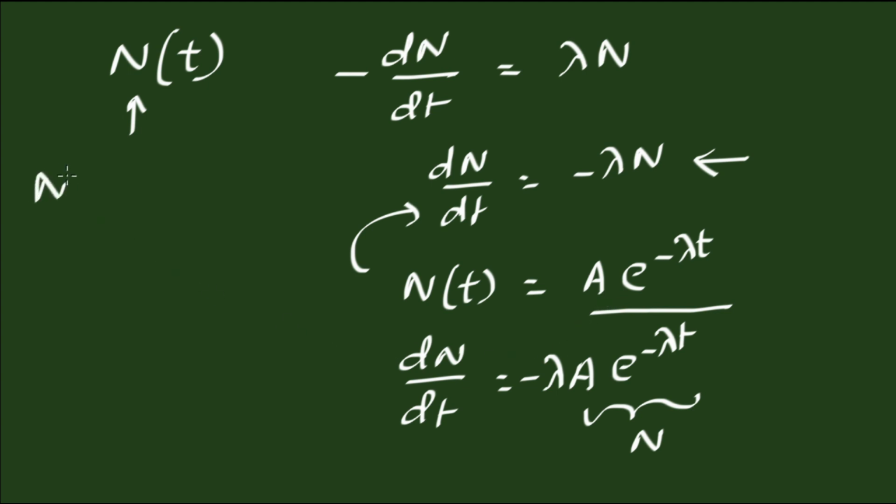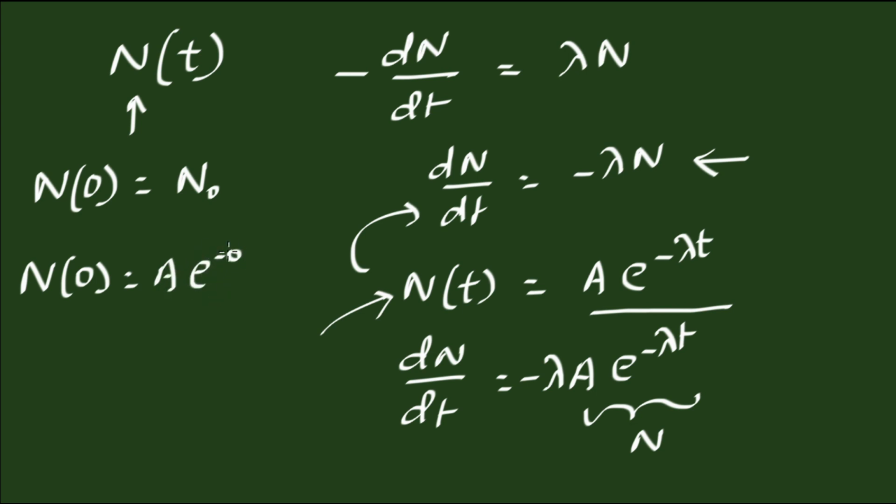Once again, supposing we are told that the number of undecayed nuclei at time t equal to 0 is N0, what do we do? We plug in the initial condition. So N at time t equal to 0 is A e to the power of minus 0, which is again 1.